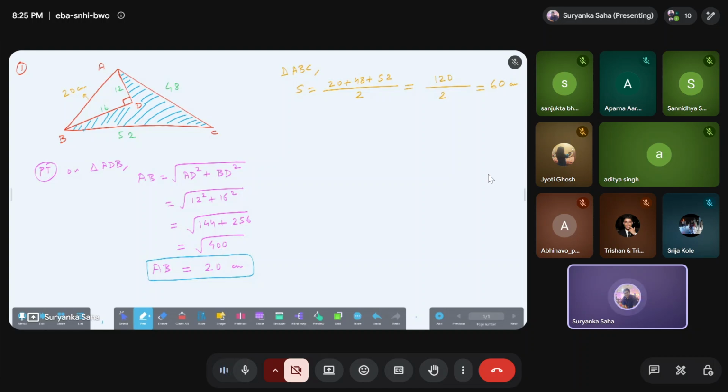Now we will put in the area formula. Area equals root over of S into S minus A into S minus B into S minus C. All sides are unequal. So you can put 60 into 60 minus 20 into 60 minus 48 into 60 minus 52.